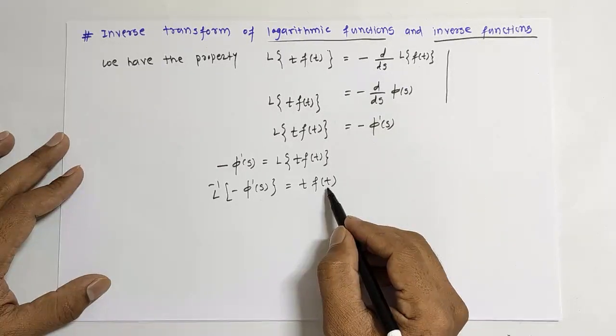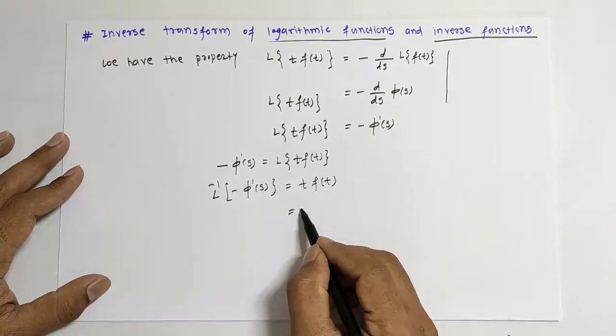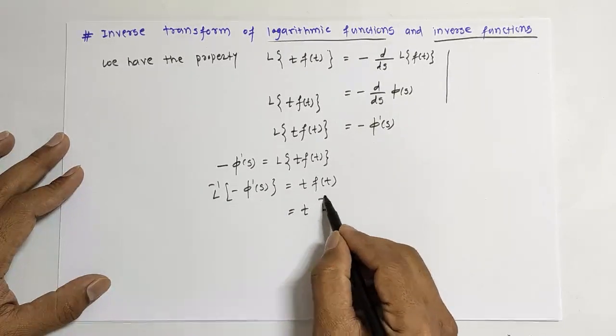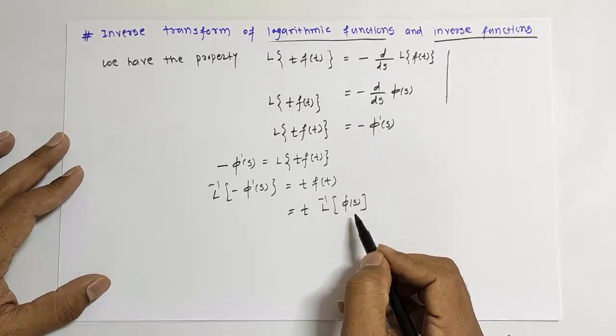What is f of t? We know that f of t is L inverse of phi of s.